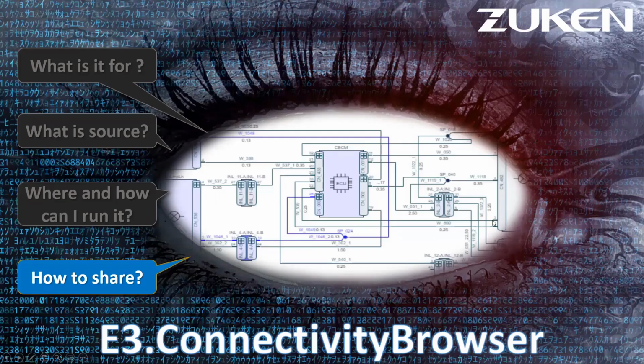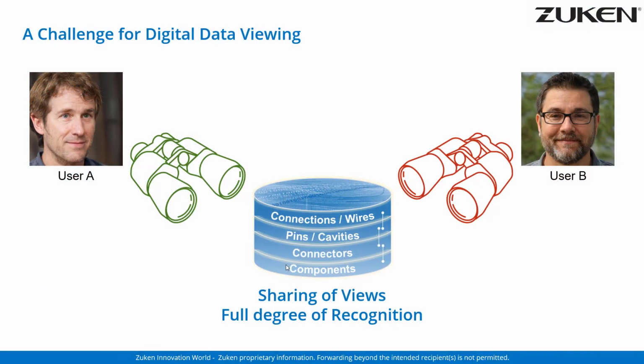Coming to a point: sharing information. And sharing information in a digital world is a specific challenge, because digital visualization gives new ways to explore, to browse the information, and this of course is then an issue for sharing these viewpoints, and there's always the question of degree of recognition.